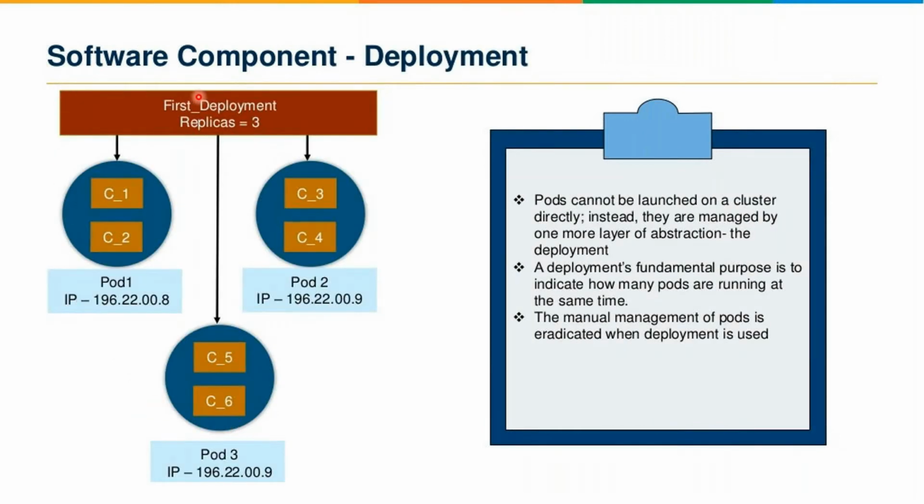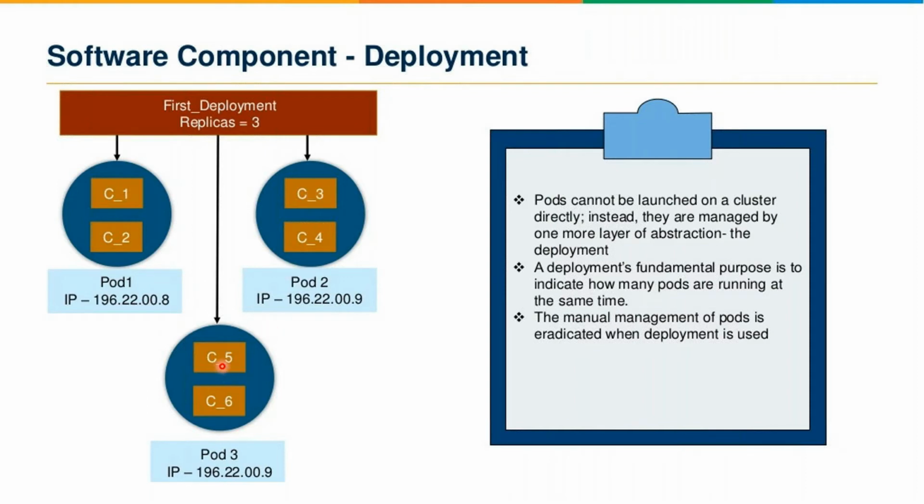Next one is the software component deployment. For example, if you want to deploy an application, how do we deploy that? These are the different pods available: pod 1, pod 2, pod 3, right? Normally when we deploy applications, we don't deploy on a single pod or a single container. So when we deploy the application, it will be deployed on C1, C3, C5.